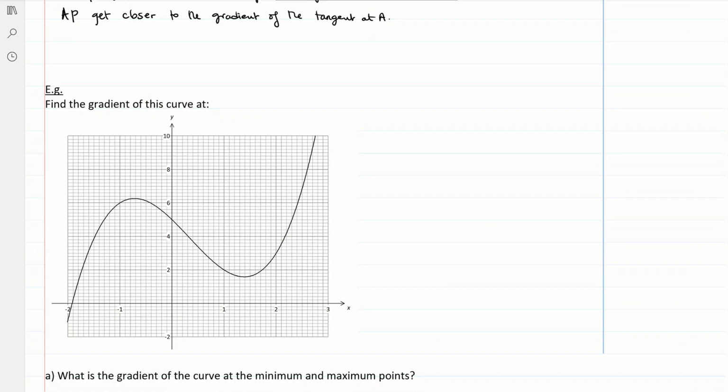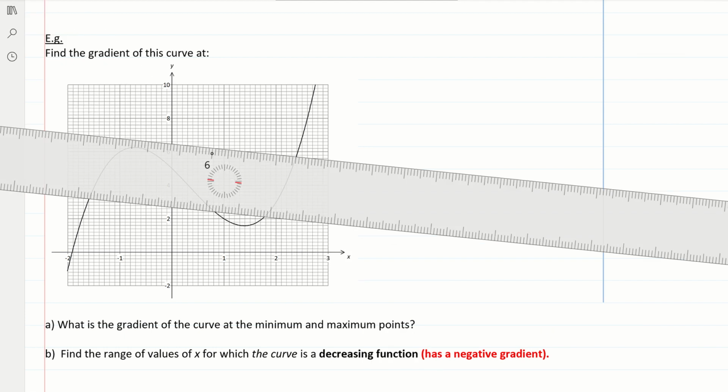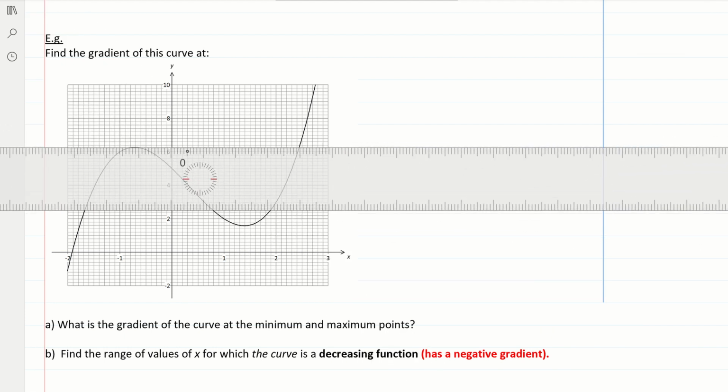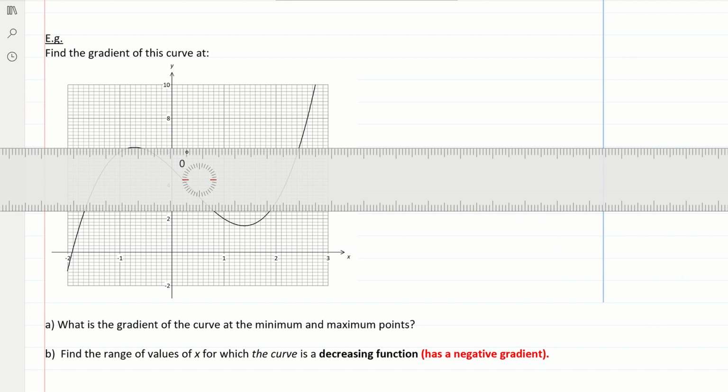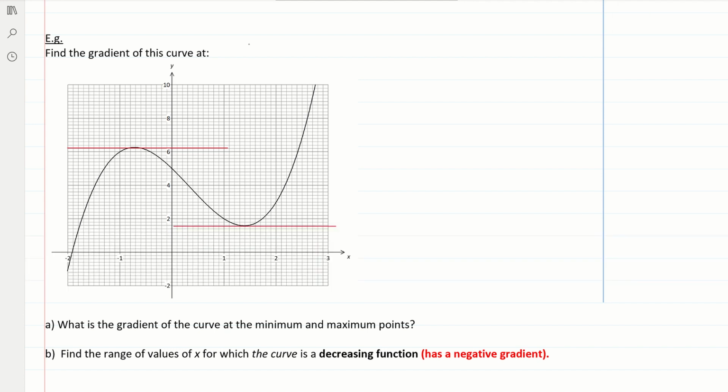Right, this is not in your textbook, but here's an example, and it says find the gradient of this curve at the minimum and the maximum point. So just a note to say, remember that at the turning points, the gradient is 0 because the tangent is completely horizontal.